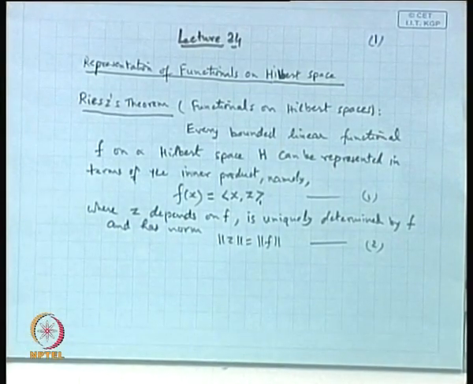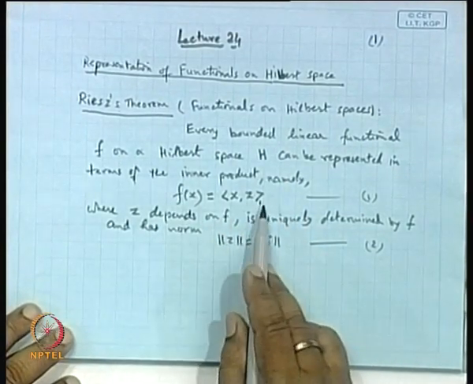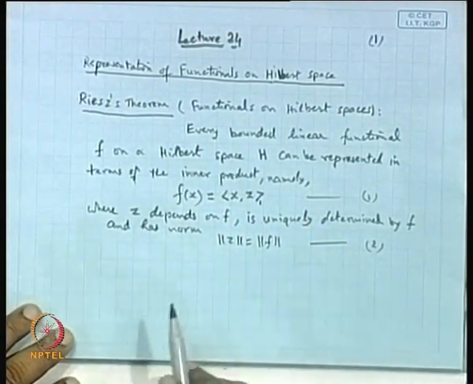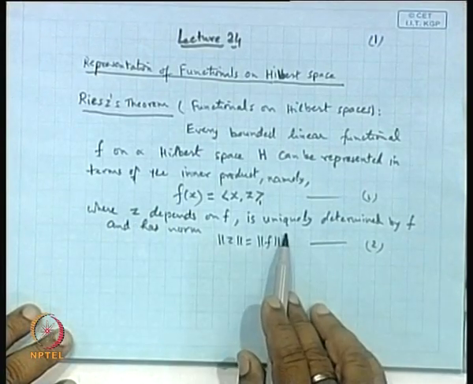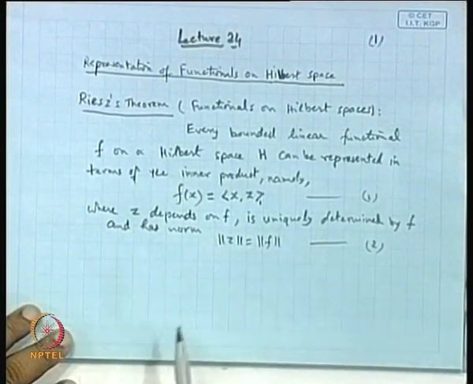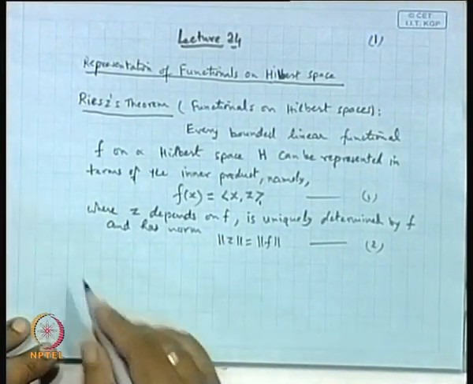So, in fact, we want to prove three things. One, every bounded linear functional has such a representation. Second, the z which you get is uniquely determined. Third, the norm of z equals the norm of f. Okay, so let us see the proof.